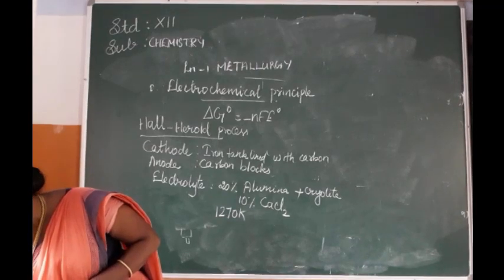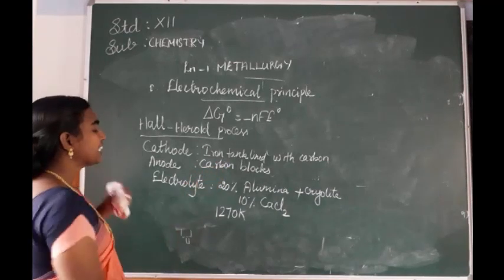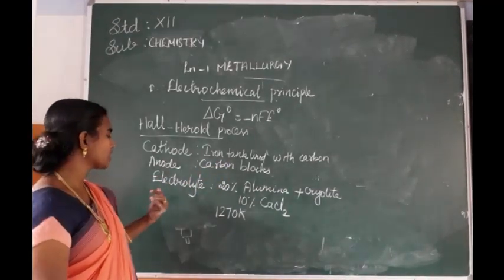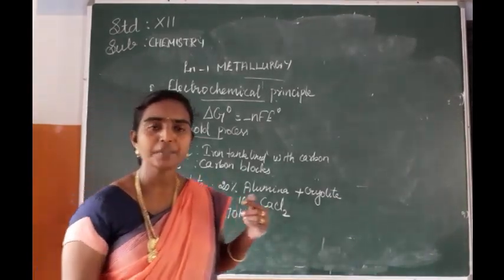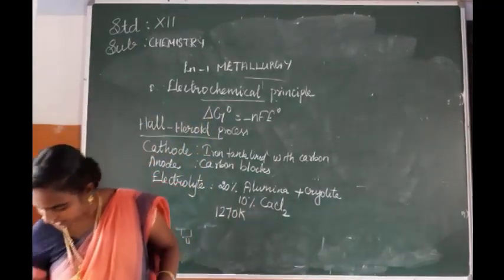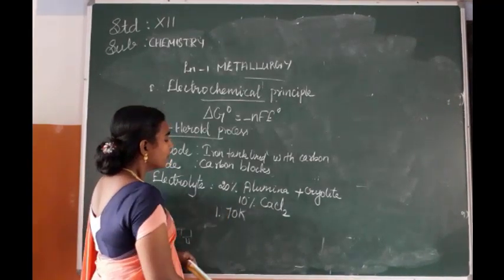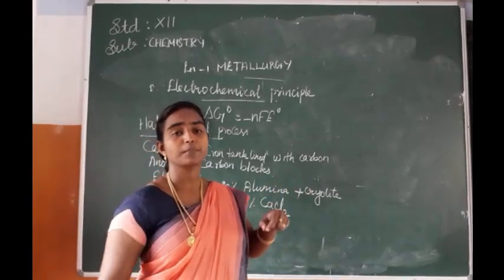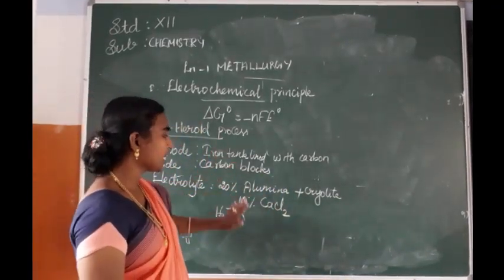We have taken the cathode as an iron tank lined with carbon, the anode as carbon blocks, and the electrolyte as 20% alumina and molten cryolite. 10% calcium chloride is used to lower the melting point of the mixture.